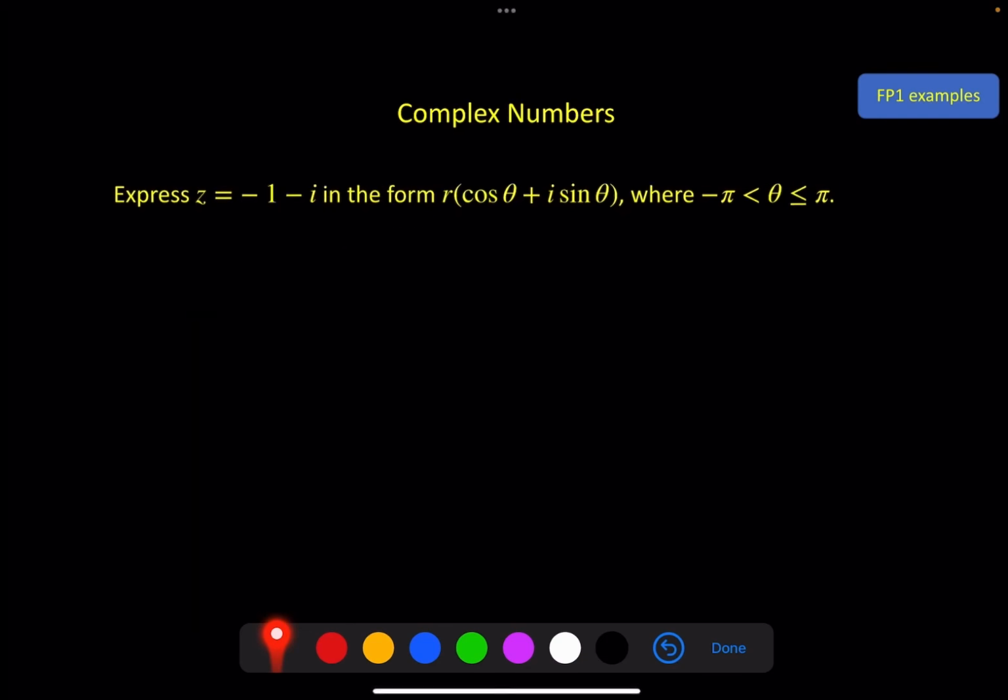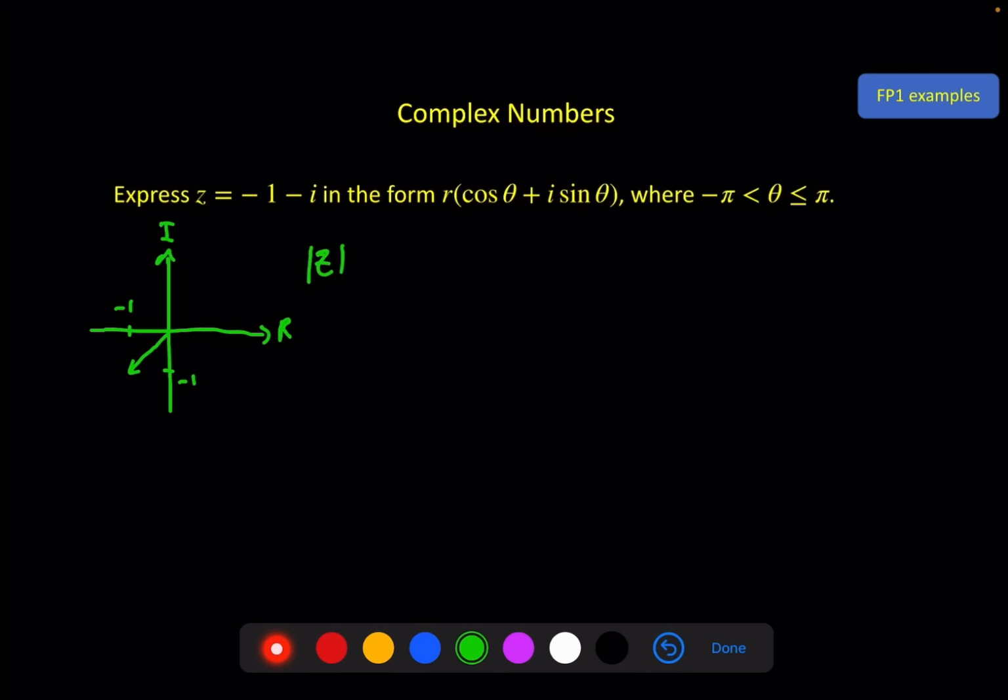Final example, express z equals minus 1 minus i in modulus argument form. Again, start with a quick sketch. Minus 1 minus i is about here. Modulus, the square root of 1 squared plus 1 squared, gives us root 2. And the argument is a negative angle down here, but what I'm going to calculate is alpha here, which is pi by 4.